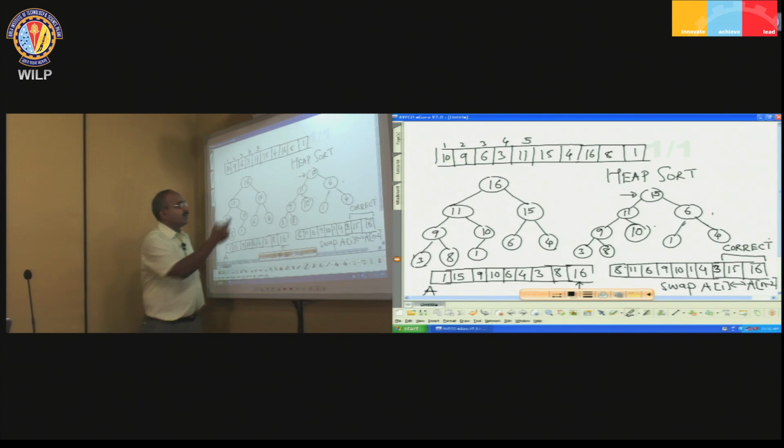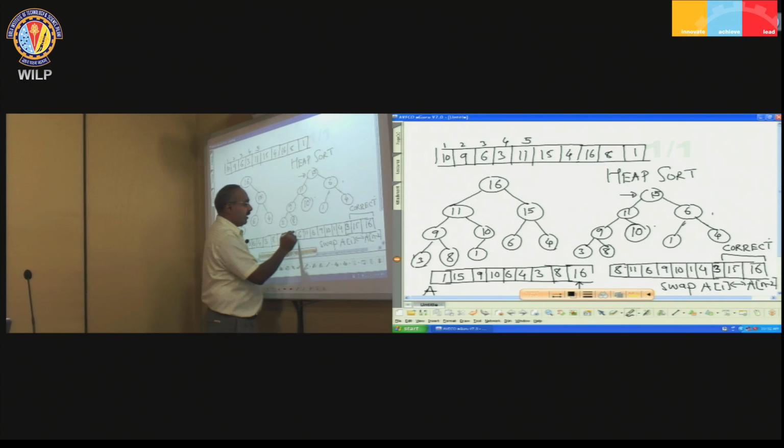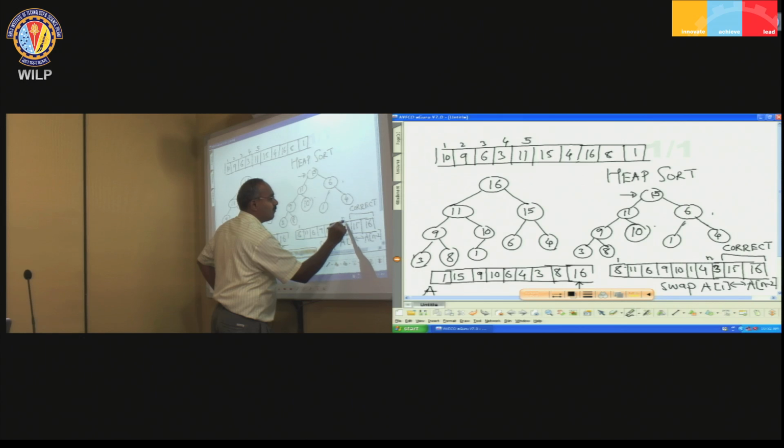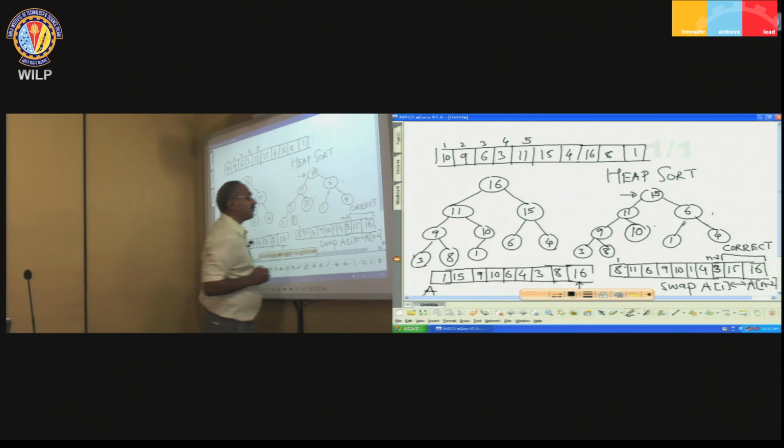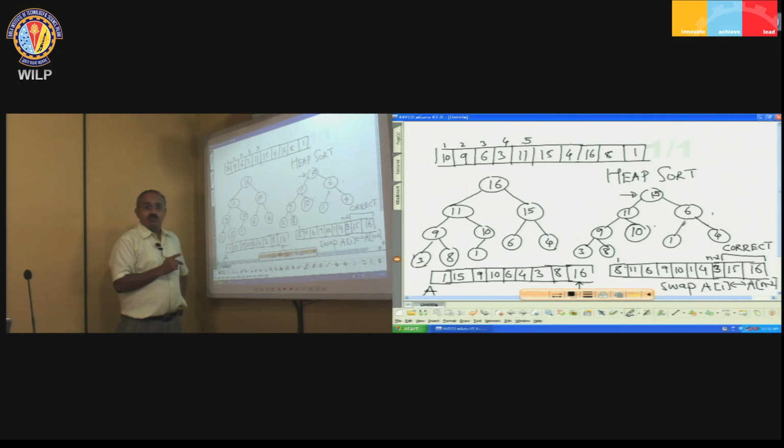Now, the same argument is going to be repeated for A_1 to A_(N-2). Again, the heap property is going to be violated only at the root. Heapify, extract the maximum and keep on doing this.